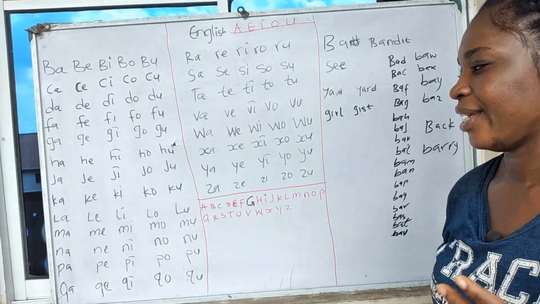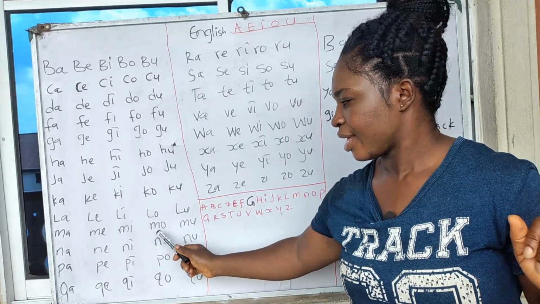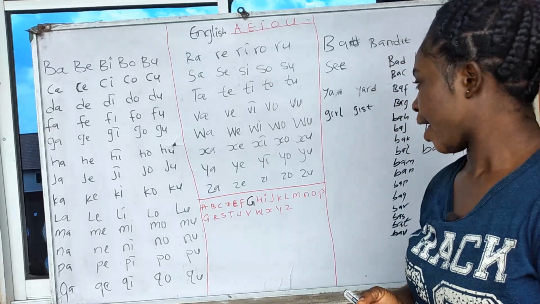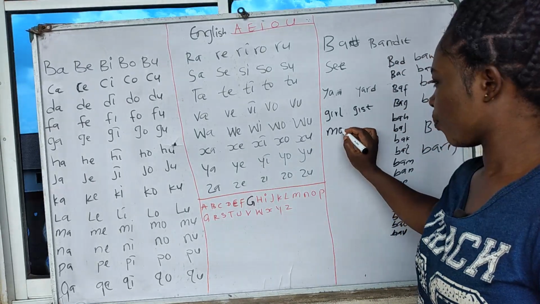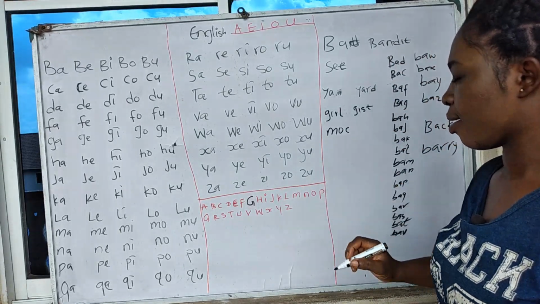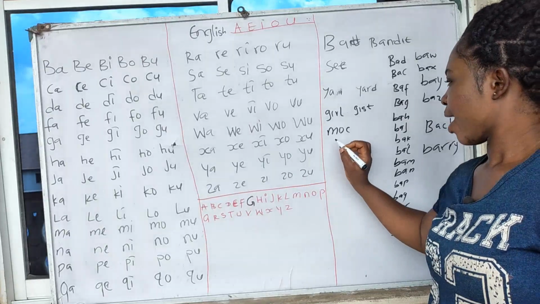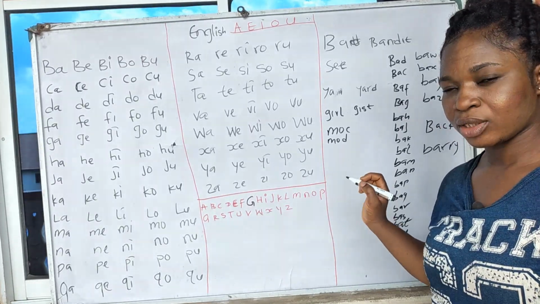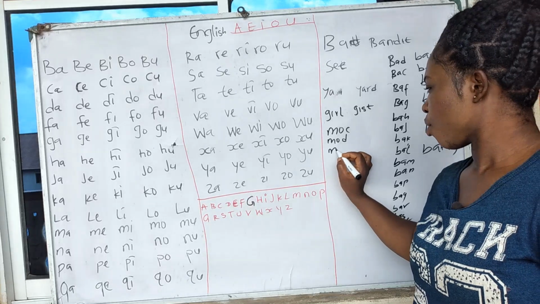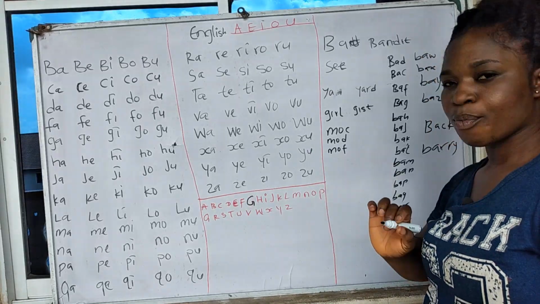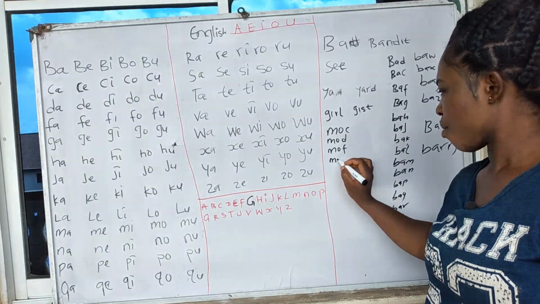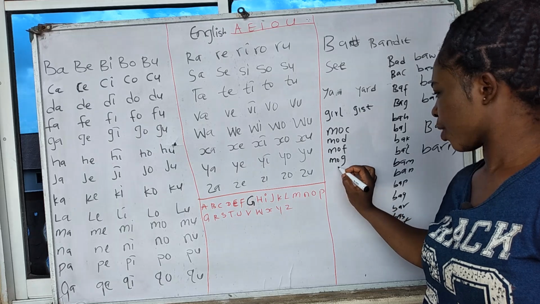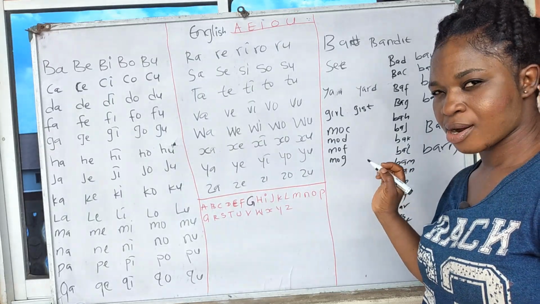Okay, another word again. For instance, maybe we decide to take M-O. We have this, M-O plus C, we have muck. We have M-O plus D, we have mud. We have M-O plus F, muff. We have M-O plus G, we have mug.